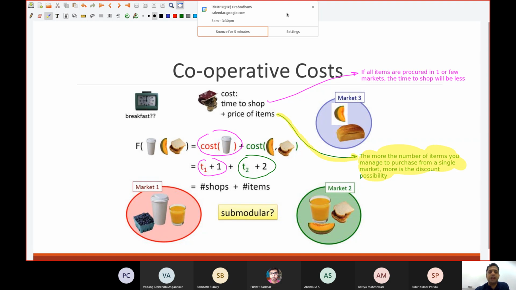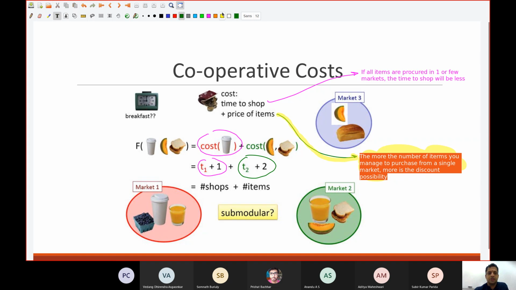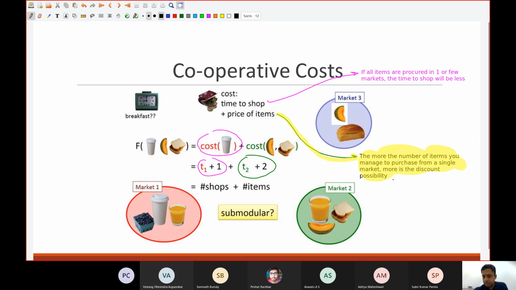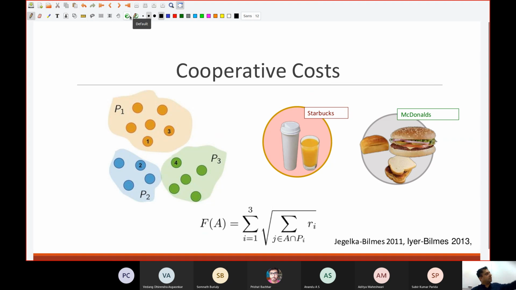More generally, this could be done, but it is not shown here. You could do that in general as well. So that's exactly what I said. F of A is the summation over all the partitions P1, P2, P3 of the sum of all the elements I buy from each partition, but with a diminishing part, the square root part.